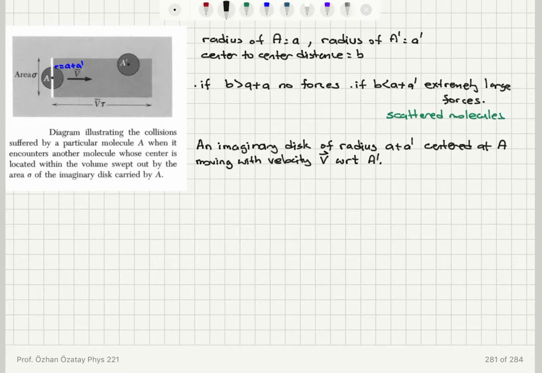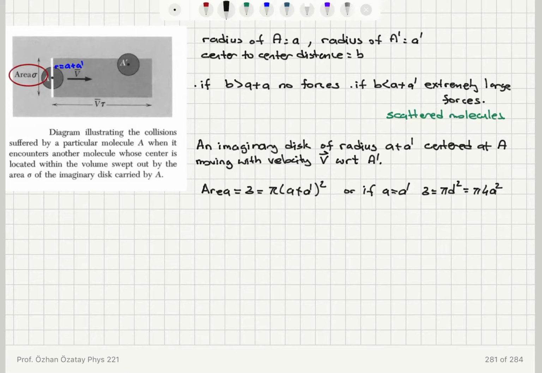And you can see that the area that will be spanned by this imaginary disk will be sigma, which is pi (a plus a prime) squared, or if you have identical molecules A and A prime colliding, sigma will be pi diameter squared, which is pi (2a) squared.